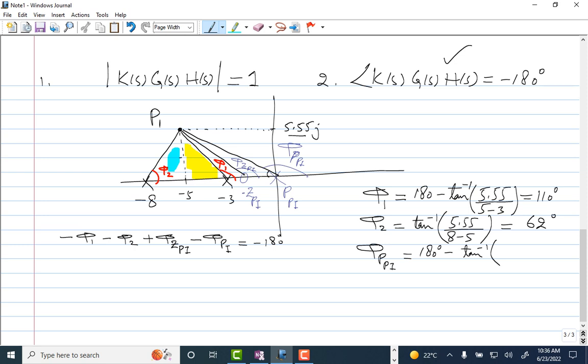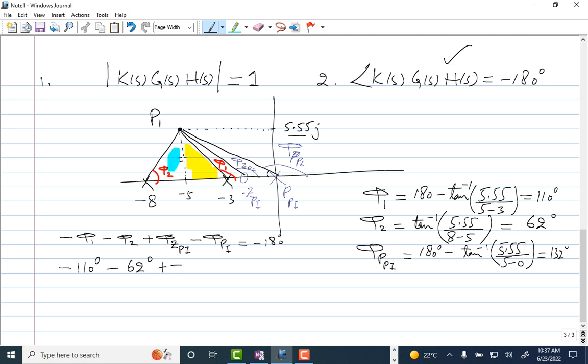The height is given to us, again 5.5, divided by 5 minus 0. When I solve this, this angle becomes 132 degrees, and this becomes minus 62 degrees.